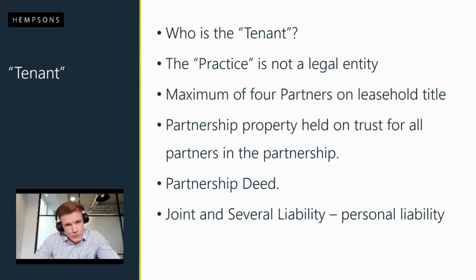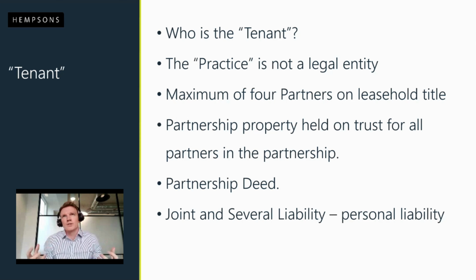So from the landlord's perspective, and so far as the landlord is concerned, the named partners on the lease are the contracted parties, and they have what's called joint and several liability, meaning that the landlord could pursue any one or more of the named partners for 100% of costs or damages arising from a breach of the lease, or they could choose to pursue one partner for 50% and another for 25%.